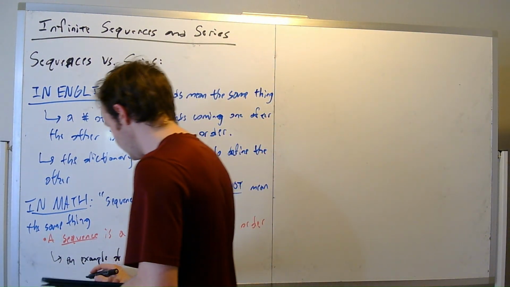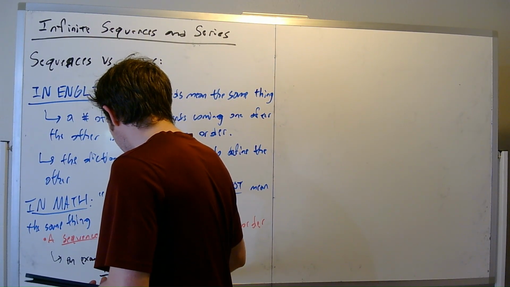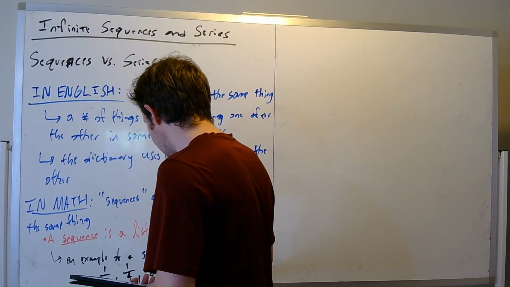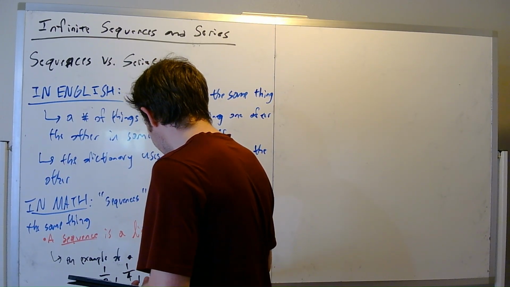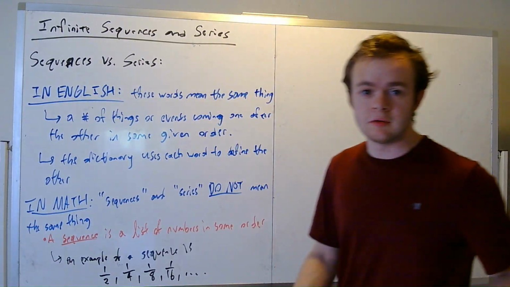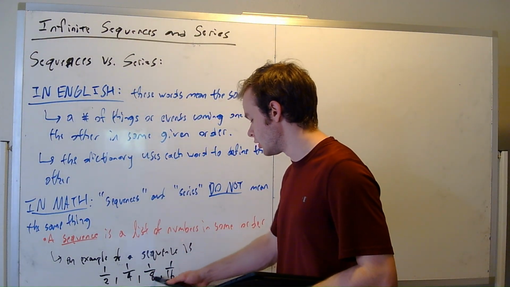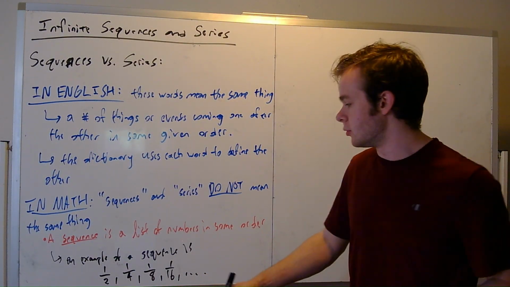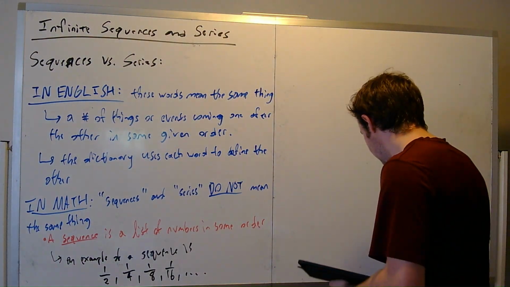Let's say we have 1/2, 1/4, 1/8, 1/16, and so on. Right, so this is just an infinite sequence of numbers. Notice what I'm doing every time is just dividing the number by 2. Right, so just any list of numbers like this we'd call a sequence. So that's what we mean by sequence.